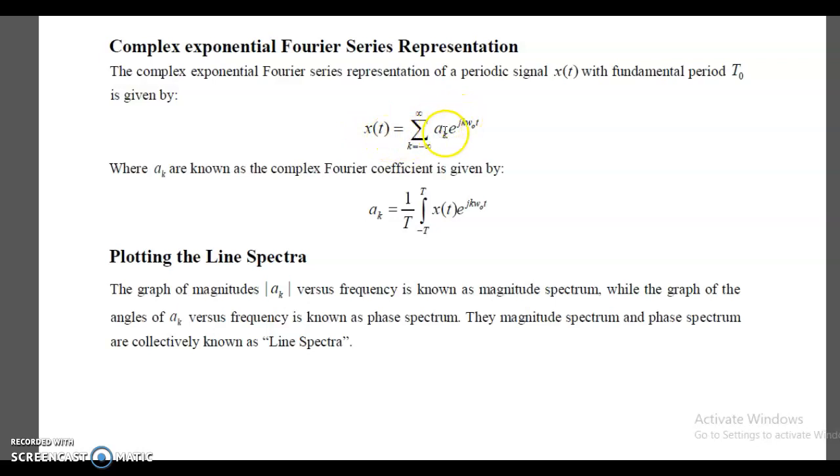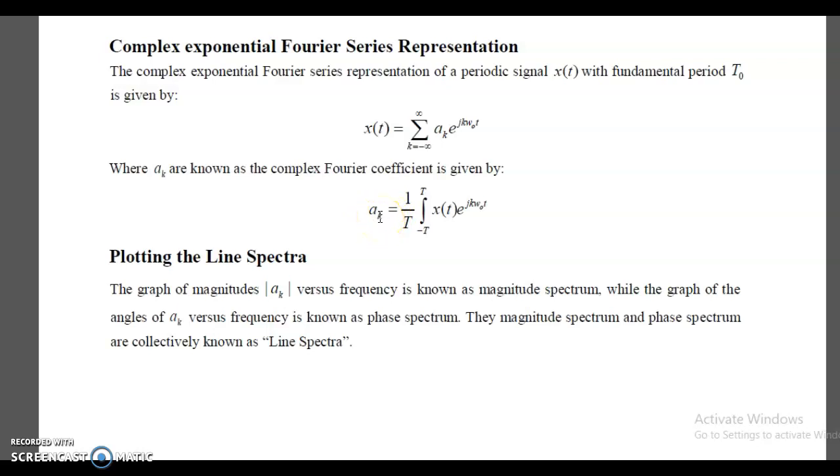And these a k's here are known as the complex Fourier series coefficients, which could be computed using this formula. These a k's are computed for k equals 0, 1, 2 and so on.